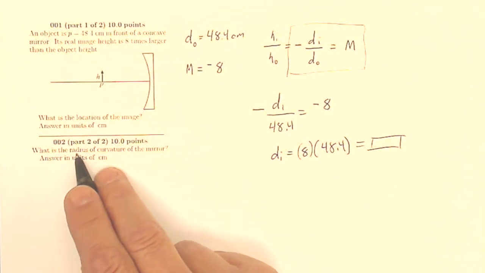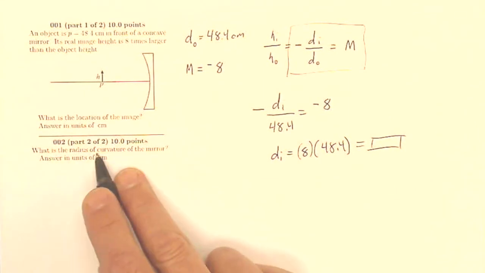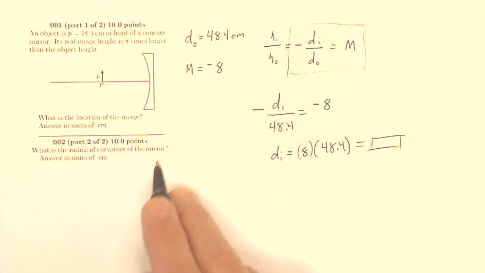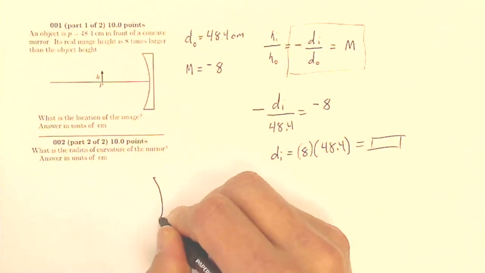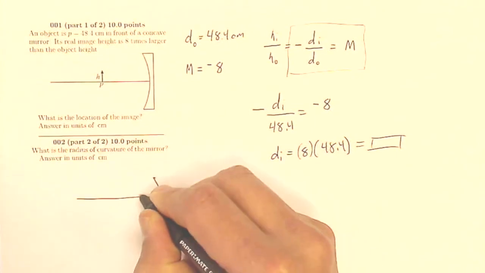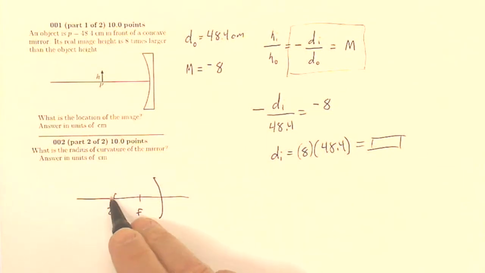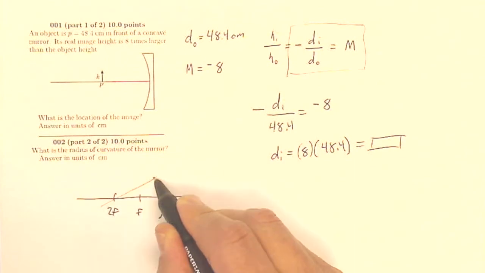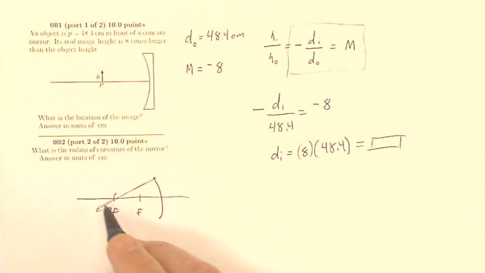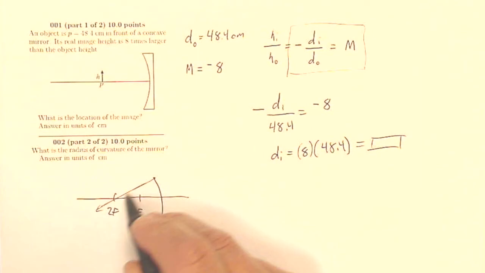Now it says, what is the radius of curvature of the mirror? Well, what do I know about the radius of curvature of the mirror? It turns out that when I've got a mirror and I've got an F and a 2F, 2F is the radius of curvature of the mirror, because from 2F you might remember that light comes in and goes out in the same direction. So in through 2F, out through 2F.